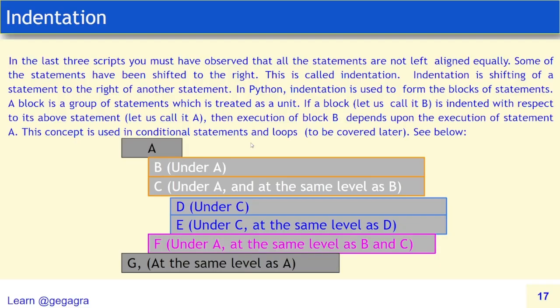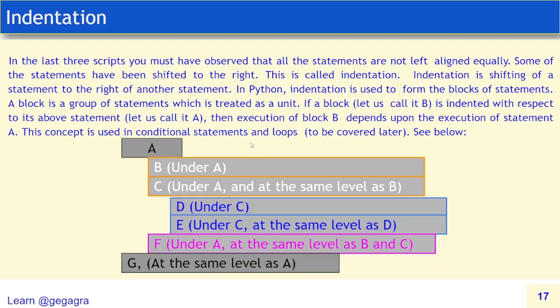And if you look at block G, A and G are on the same margin, and that is why A and G will be executed one after the other. B and C blocks are under block A. Similarly, block F is also under A. And block D is under C and block E is also under C. So D and E blocks will be executed one after the other.